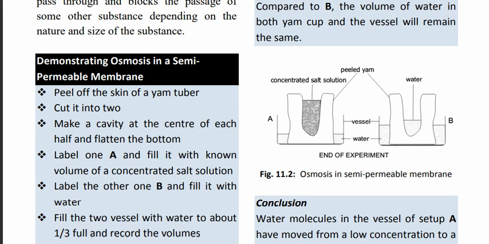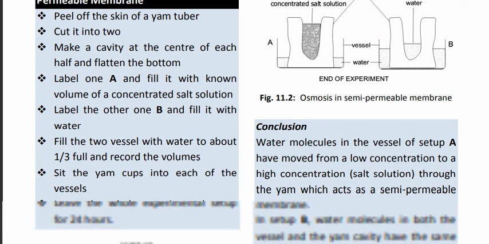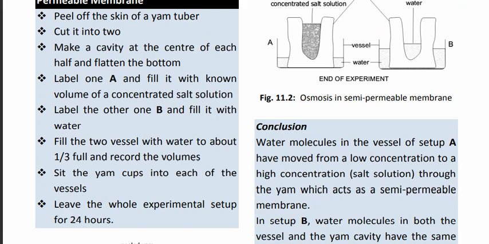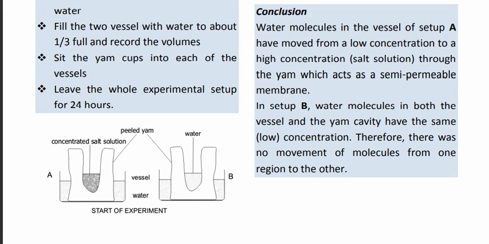Label one A and fill it with a known volume of a concentrated salt solution. Label the other one B and fill it with water. Fill the two vessels with water to about 1/3 full and record the volumes. Sit the yam cups into each of the vessels. Leave the whole experimental setup for 24 hours.